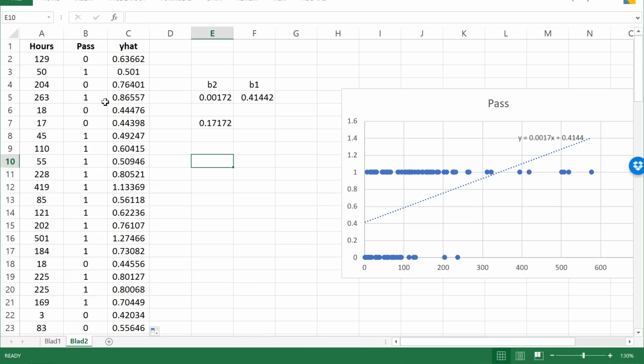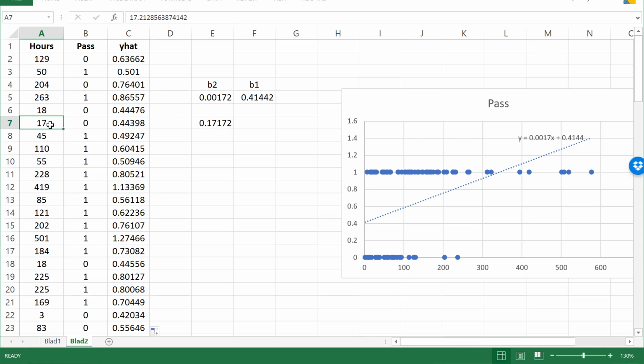So let me also point out again the other problem with the linear probability model, and that is this marginal effect, which is the same for all observations. According to this model, each and every student can increase the probability of passing the exam by about 0.17% with an additional hour of studies.